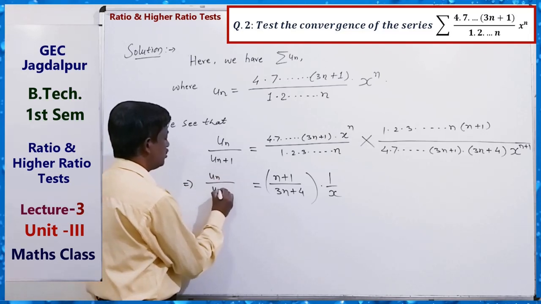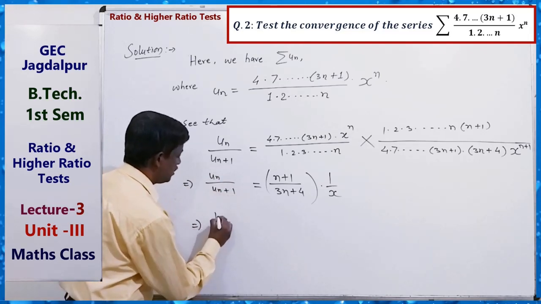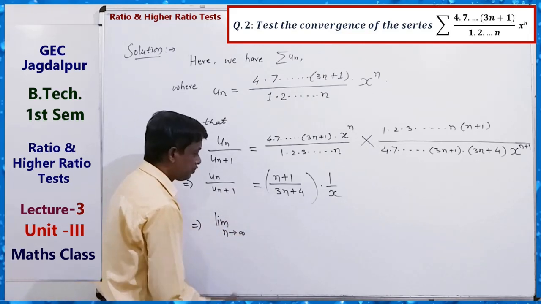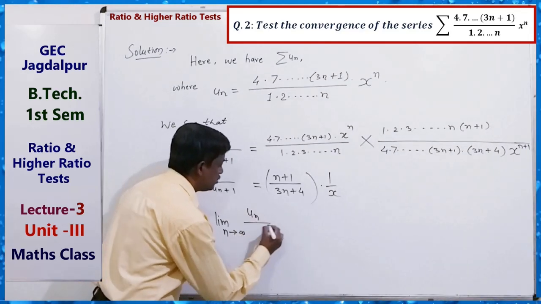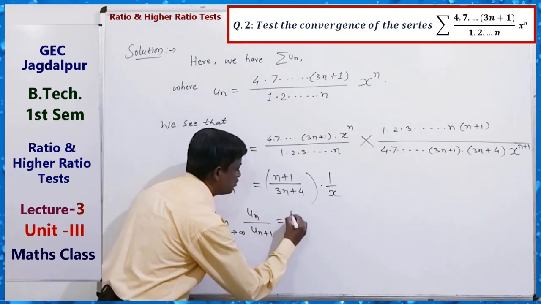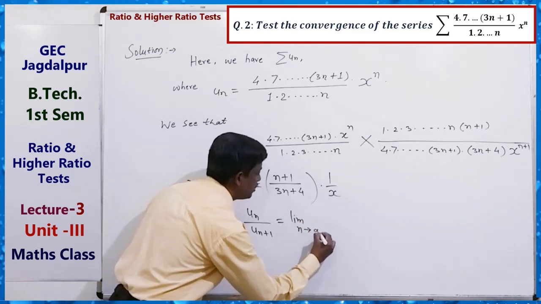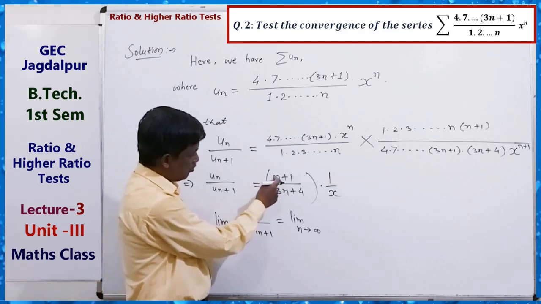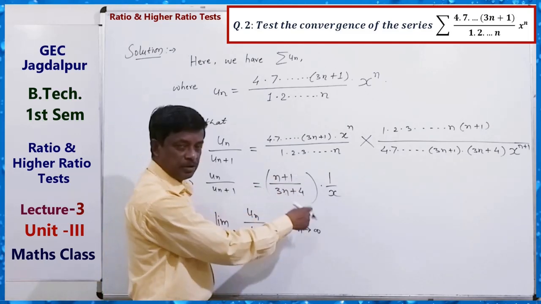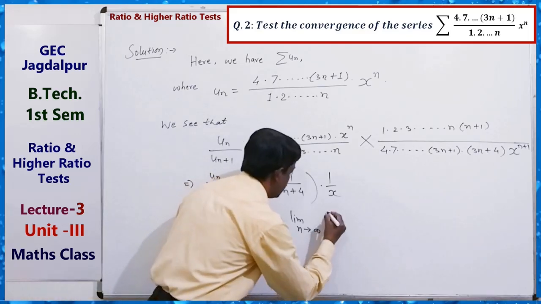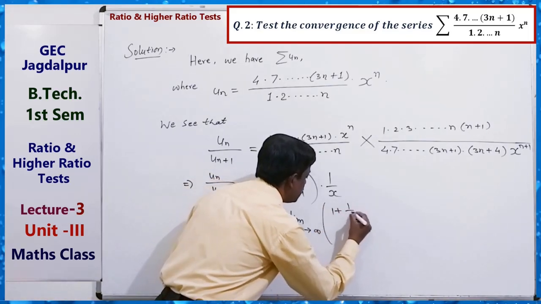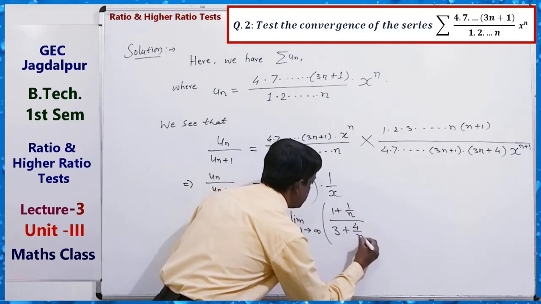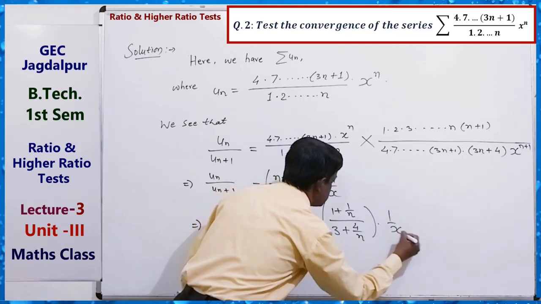So the limit as n tends to infinity of un upon un plus 1 equals the limit as n tends to infinity of, by taking n common, 1 plus 1 by n upon 3 plus 4 by n, into 1 by x.